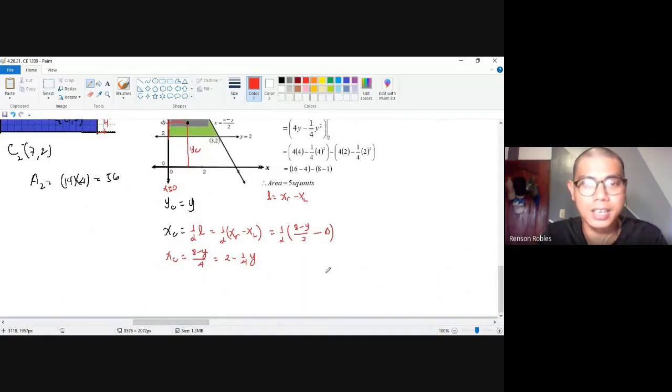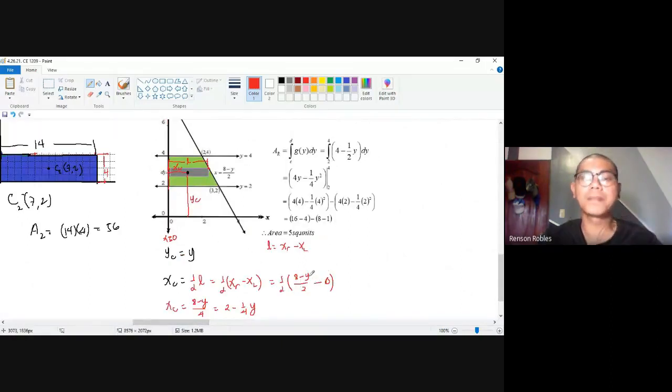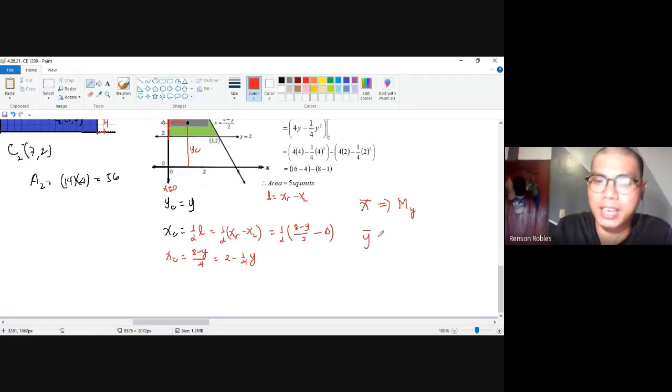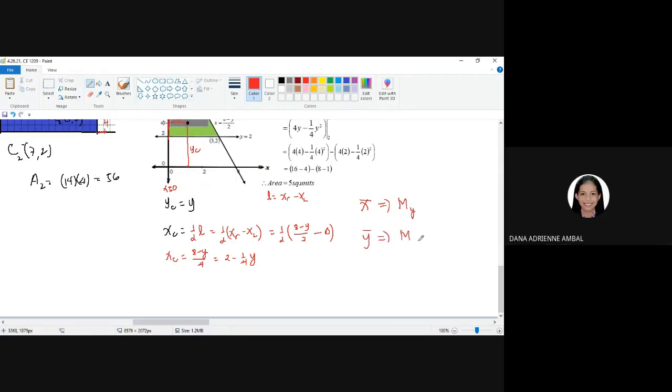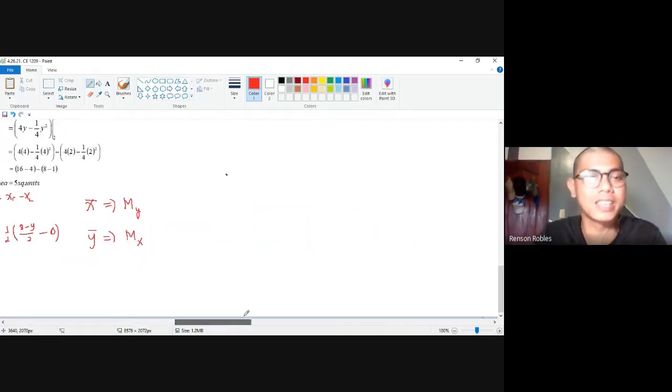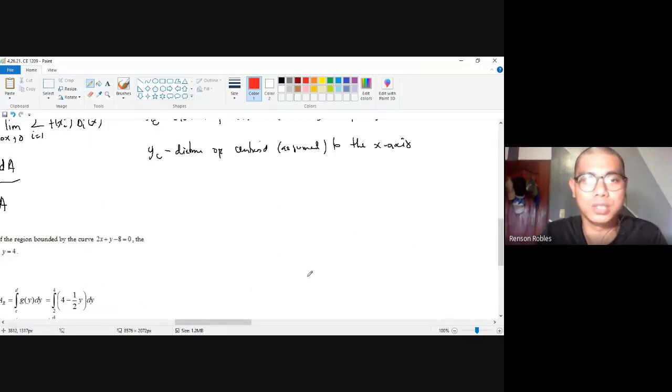Okay? And then, kapag bar x, anong moment ang ginagamit natin? Associated to moment in y. Bar y, moment in x. So, kukumputin natin si moment of y. Ibig sabihin, that's the numerator of bar x.